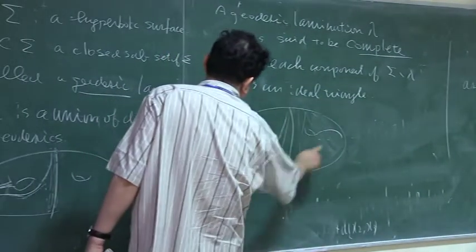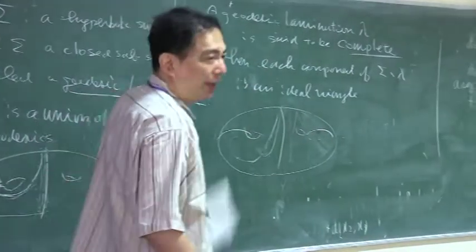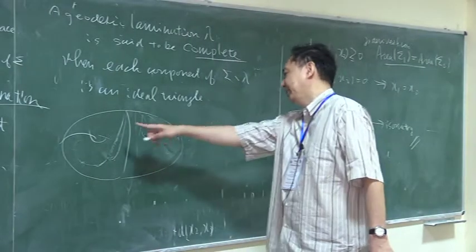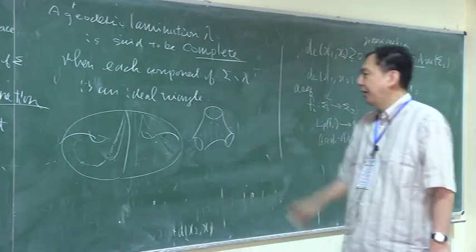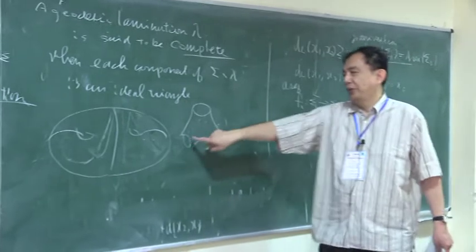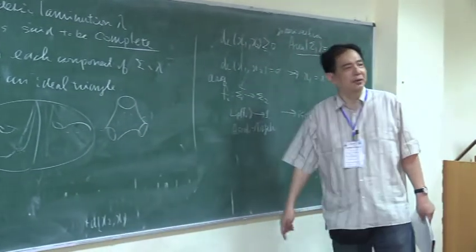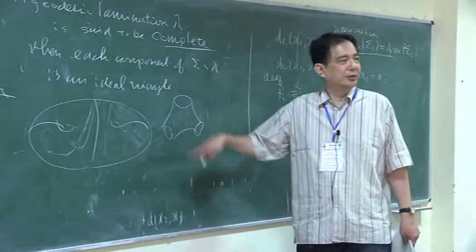You put a closed geodesic there, and cut the surface along the closed geodesic, then you get a pair of pants, with three boundary components, all of them closed geodesics.